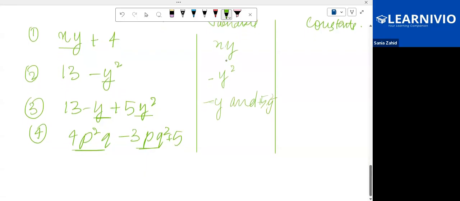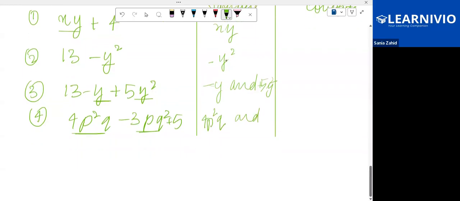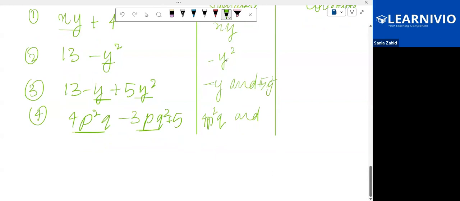Okay. And over here, just a second now. 4p square q and minus 3pq square. Sorry. Okay.